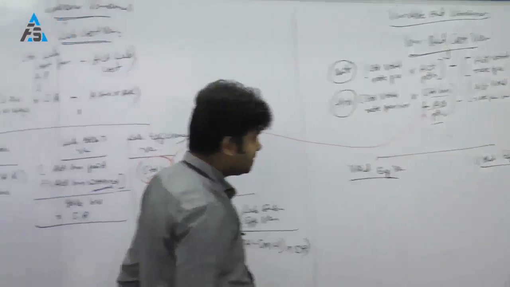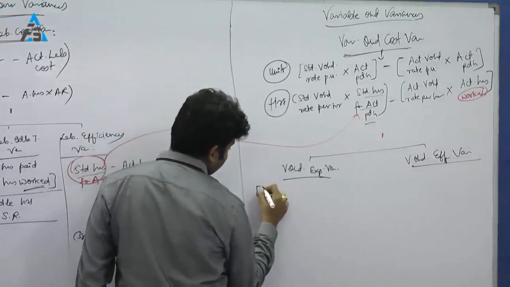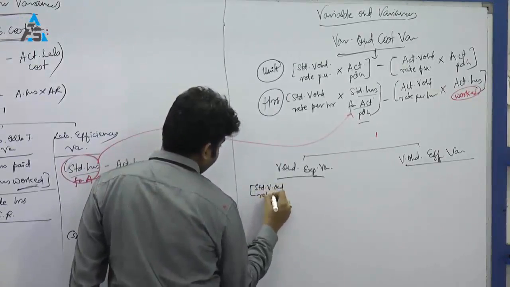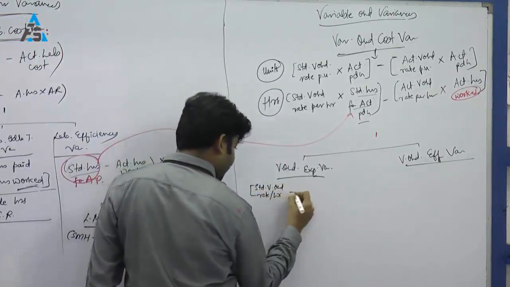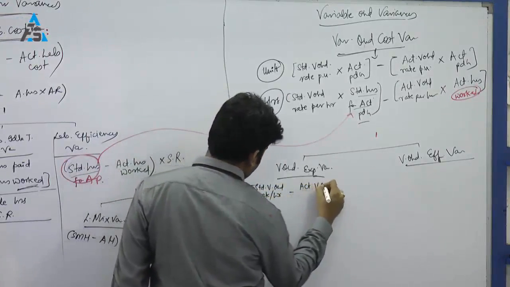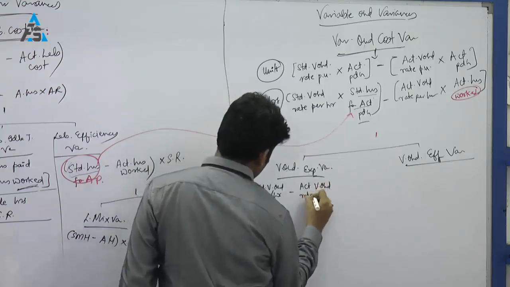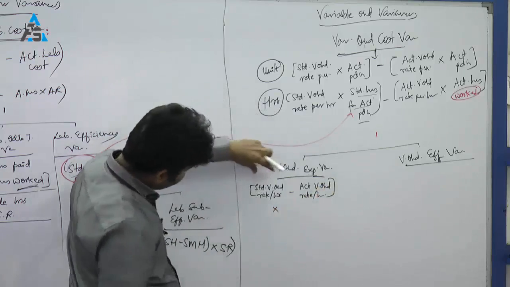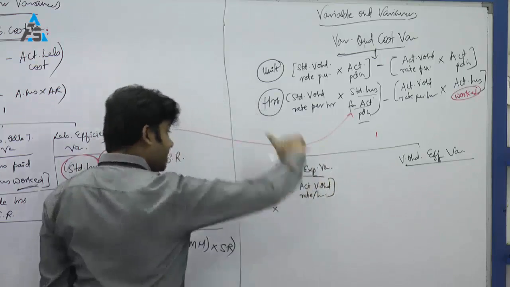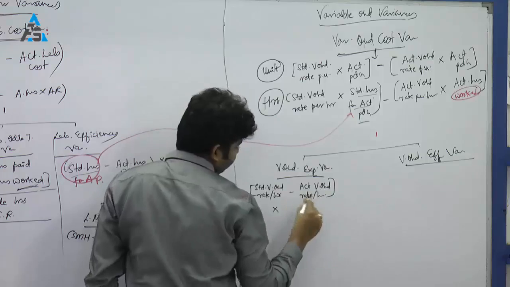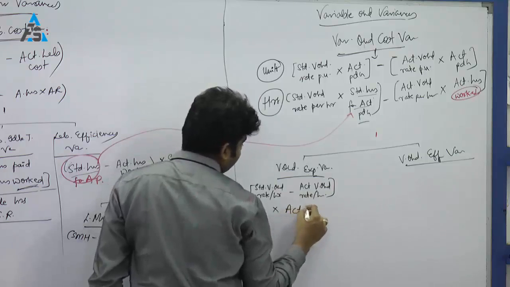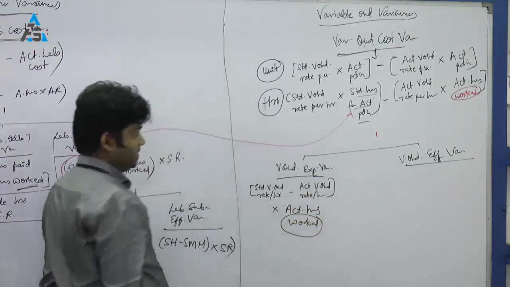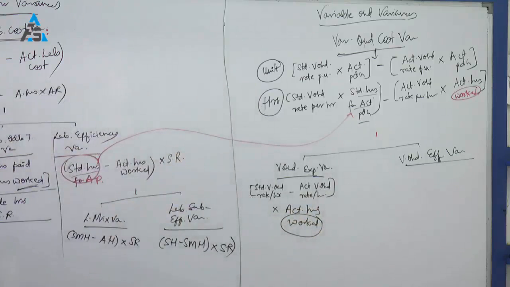So variable overhead expenditure variance is the difference in rates: standard variable overhead rate per hour minus actual variable overhead rate per hour, multiplied by actual hours worked. Mind you, it is always worked, and these hours will be the same even for labor.